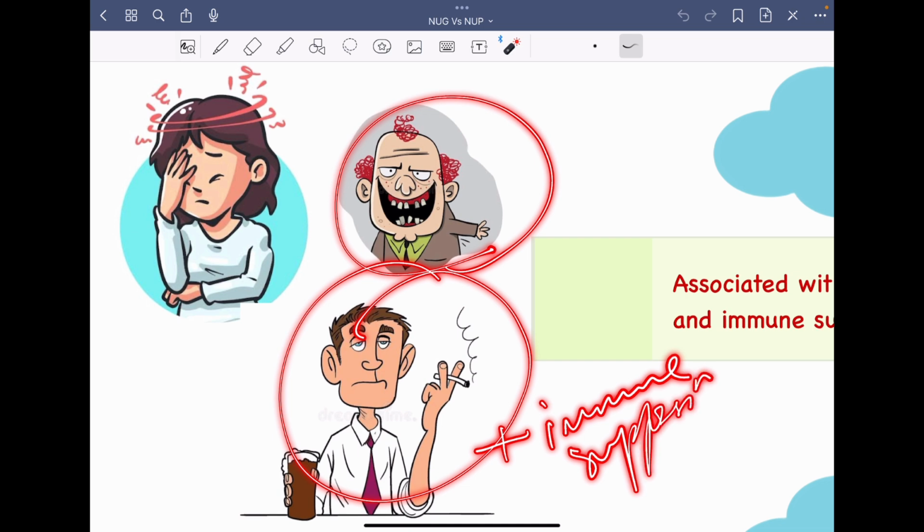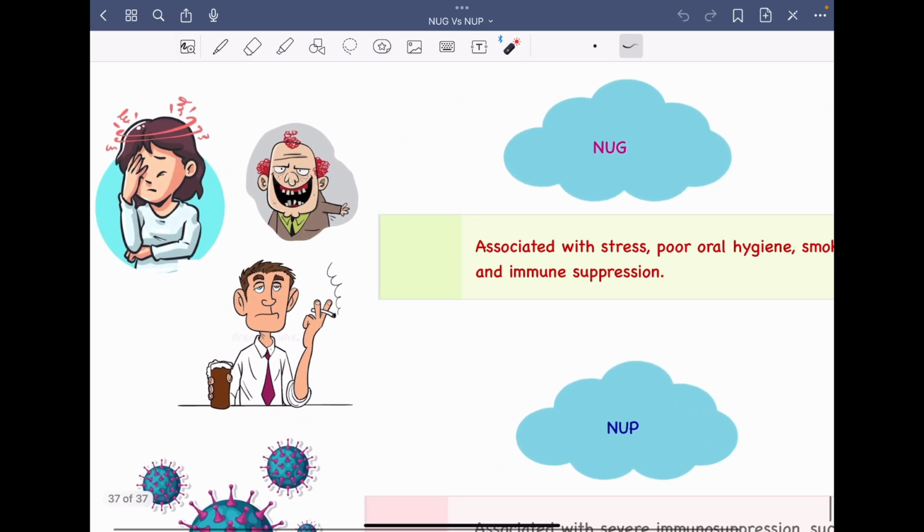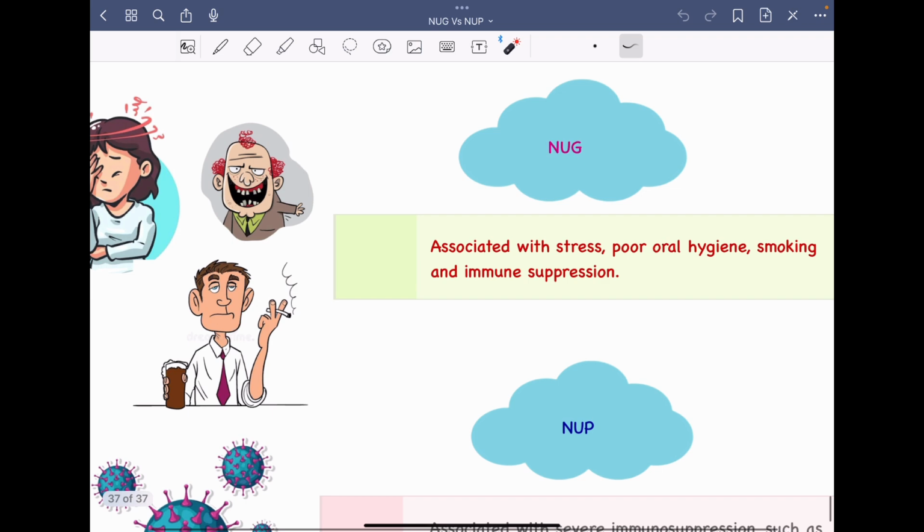Very important point here, right? So a situation of stress makes a person vulnerable to NUG, right? Also in patients with very poor oral hygiene, NUG is invariably present, right? Also habits like smoking predispose a patient to NUG, and immune suppression.